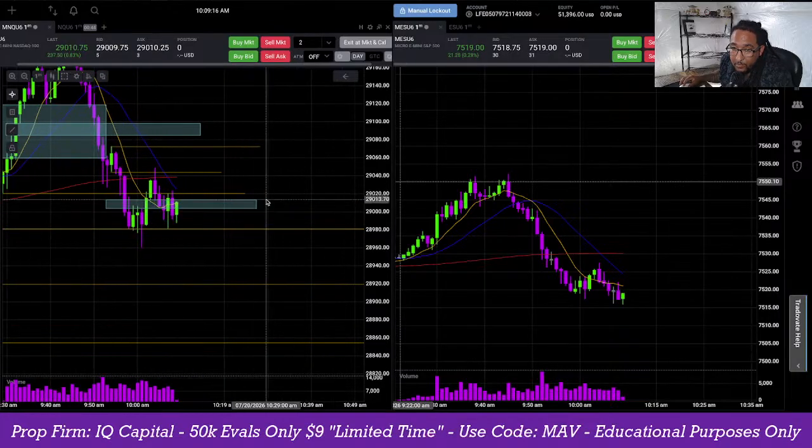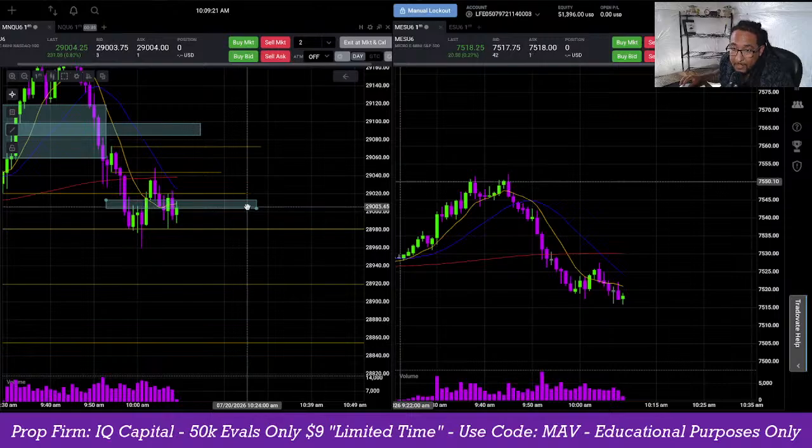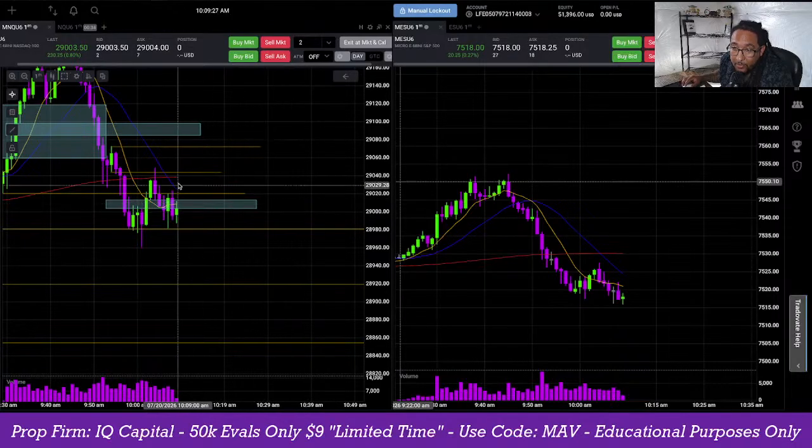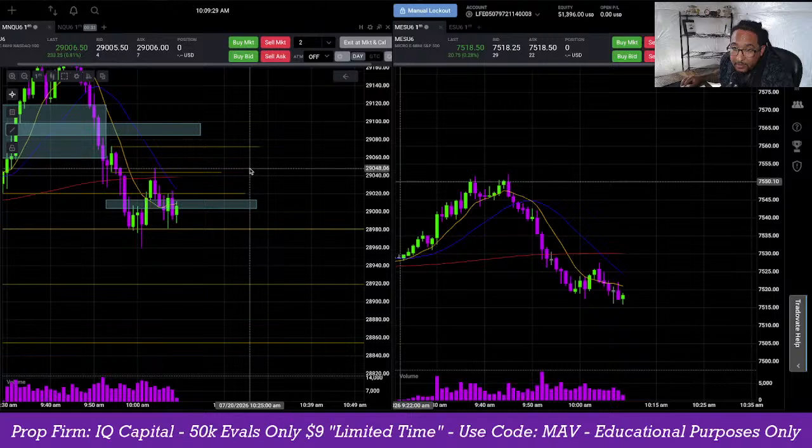So we are valid because we did break below this box. We did break below this gap and close. Although price is being a little wicky here, it's respected this high. It's respected this high here.